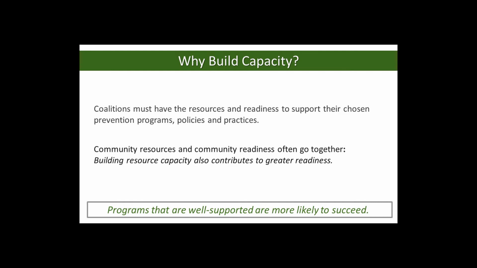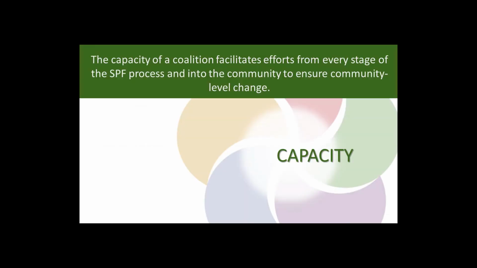The more buy-in you have from the community stakeholders, the higher the likeliness for successful implementation and sustainability of the efforts and outcomes. Building and sustaining capacity along each step of the SPF process supports and strengthens all aspects of the strategic plan as well as the activities of your coalition.